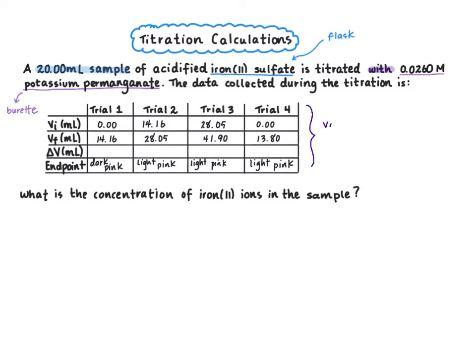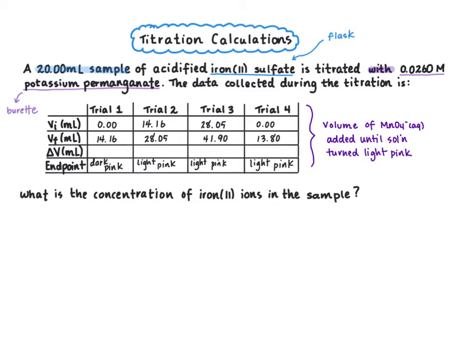This is the volume of permanganate added until the solution turned a light pink. And we can see that there are these endpoints written here with the colors at when the titration was stopped. So in this question, we're being asked to find the concentration of iron 2 ions in the sample.